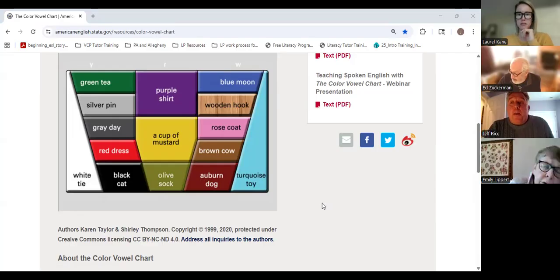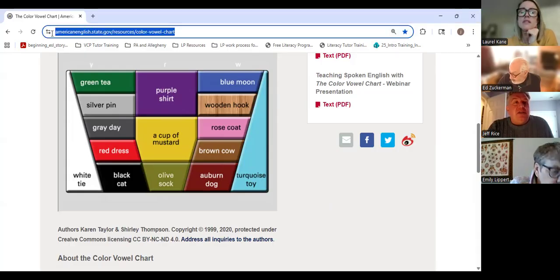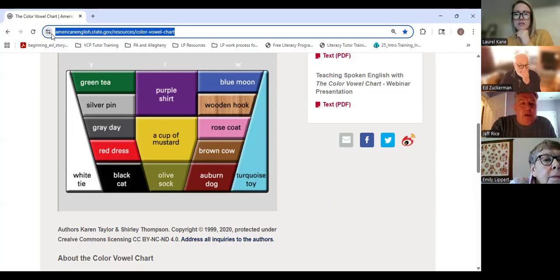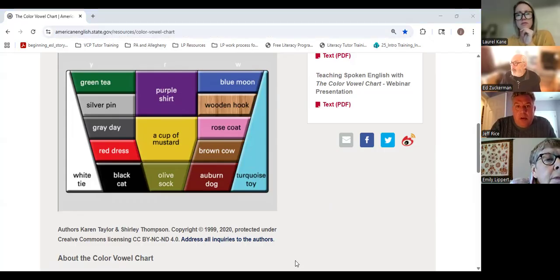Can you say the name of the website again? So it's here, americanenglish.state.gov/resources/color vowel chart. I'll also just add that into the chat for you. I will say, as with all things federal government funded, yesterday it was giving me problems and wasn't working.